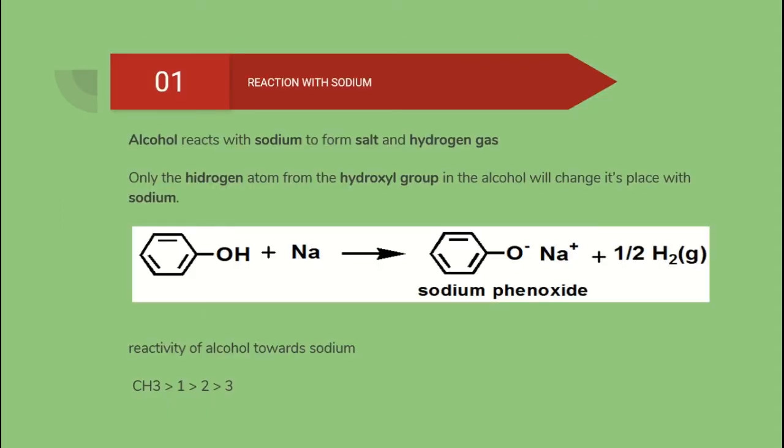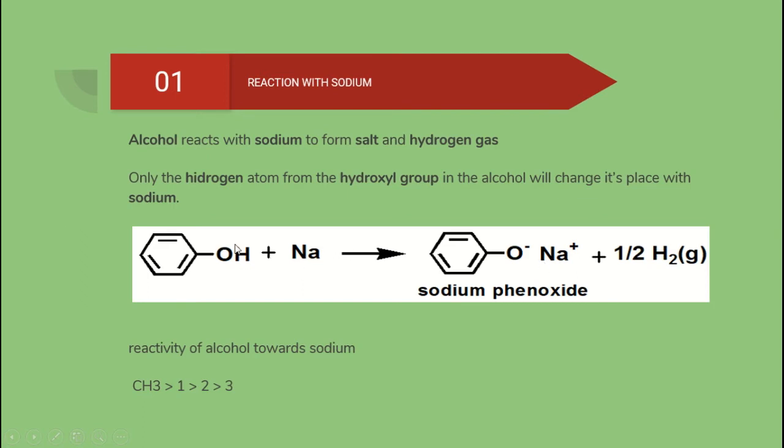First, reaction with sodium. Alcohol reacts with sodium to form a salt, which we call sodium alkoxide, and hydrogen gas. Based on this equation, we can see that the hydrogen atom attached in the hydroxyl group is left out, and its place is replaced by sodium.